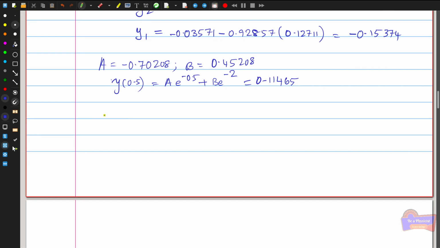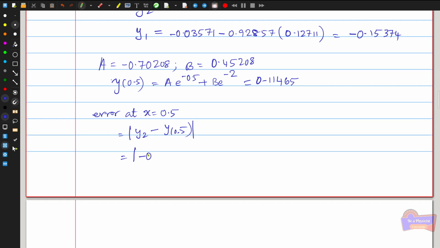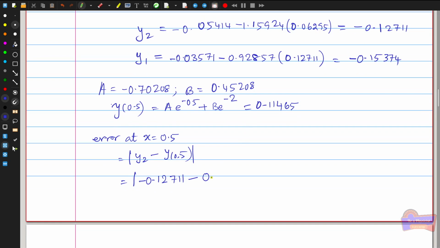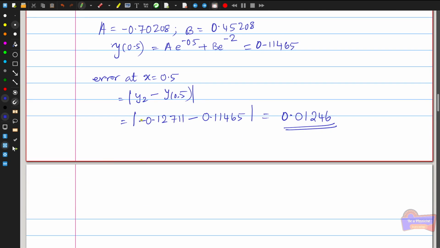Now I can find the error at x equal to 0.5, which is y2 minus y of 0.5, that is y2 which I already know, minus 0.12711, minus this value 0.11465, which is equal to 0.01246. So this is the error at x equal to 0.5.